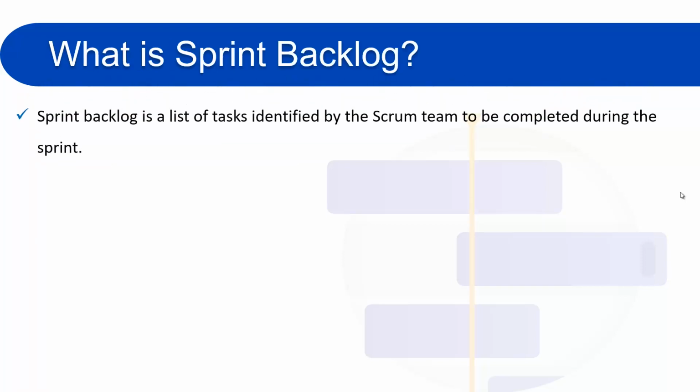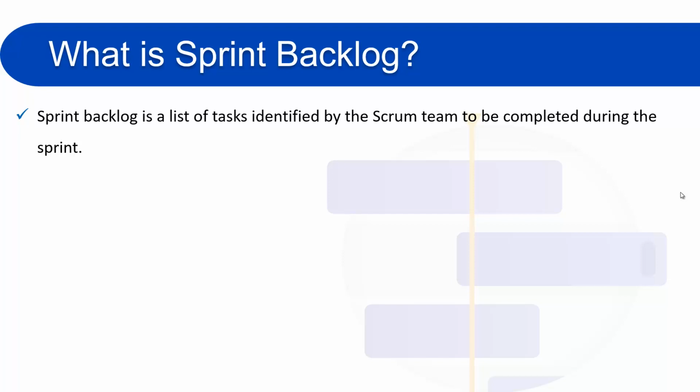So Sprint Backlog is a list of tasks identified by the Scrum team to be completed during the sprint. As I explained in my previous video, during the sprint planning meeting, the team selects some number of the product backlog items, usually in the form of user stories and the tasks which are necessary to complete each user story.